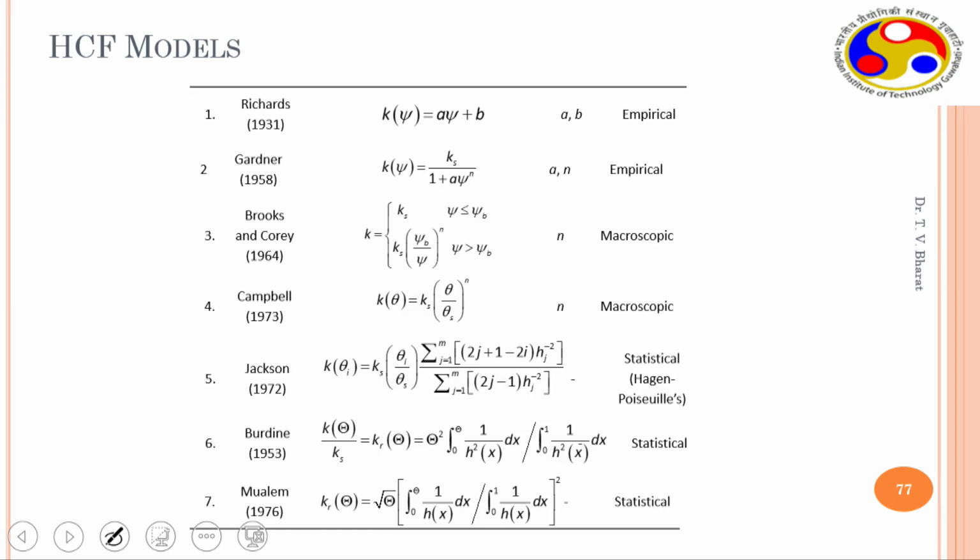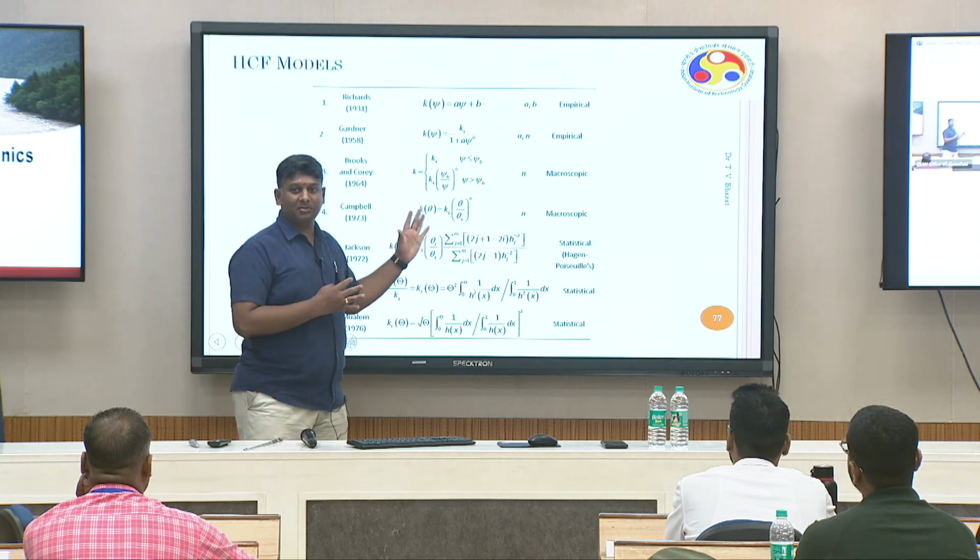These are some of the models. Some of them are empirical, some are macroscopic, like Brooks-Corey, where with some parameters related to pore size distribution they are trying to evaluate. Empirical ones are purely based on fitting the data. There are also some statistical models, like Hagen-Poiseuille or Childs and Collis-George, what she was mentioning. These could be used to evaluate the hydraulic conductivity function from the SWCC data without even fitting using Van Genuchten or something.